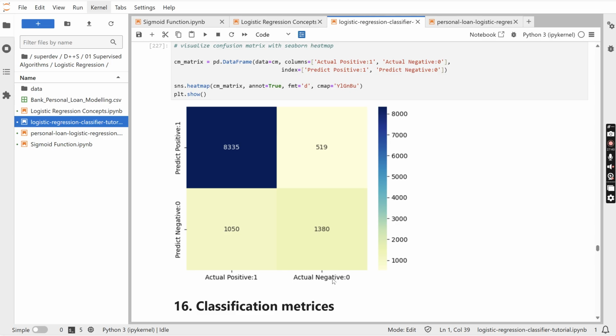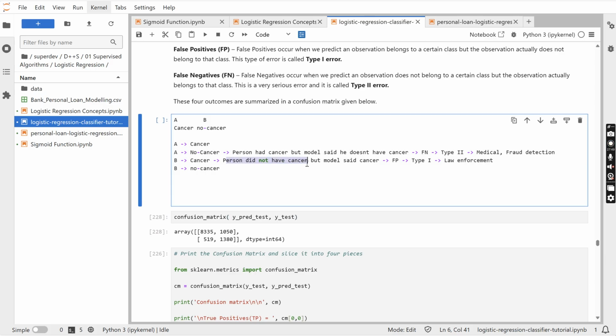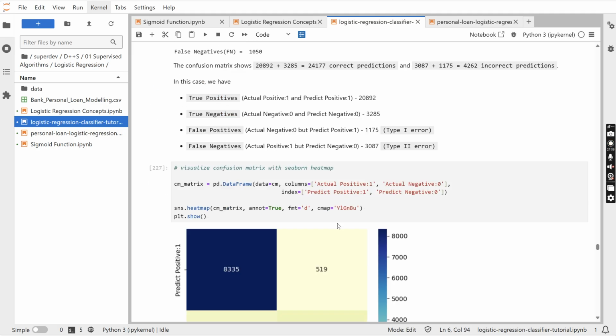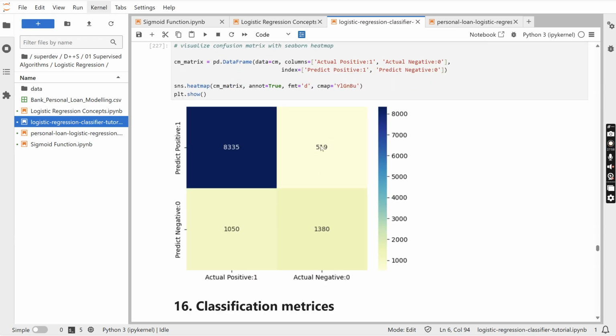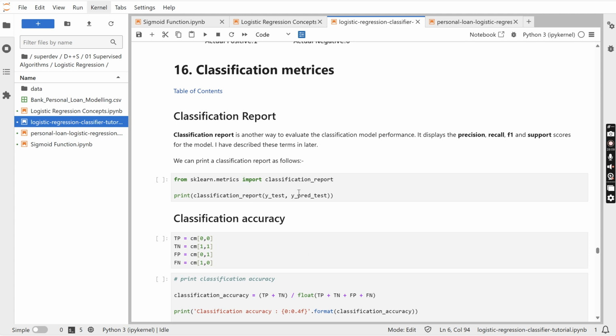Actually negative, the person did not have cancer, but the model said he has cancer. So that is a false positive, and this is a false negative. Sometimes they may flip. Okay, the next way of calculating the details is the classification report.